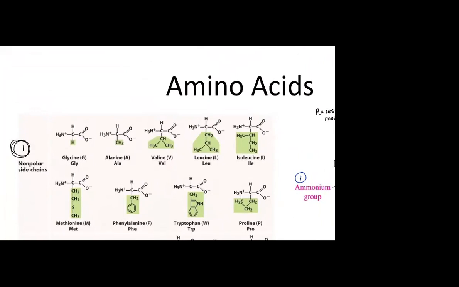Now, if we go back into what we have learned so far in the area of organic chemistry, let's now define what are the main functional groups that we see in the side chains for non-polar amino acids, okay?